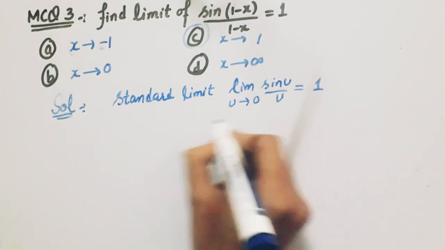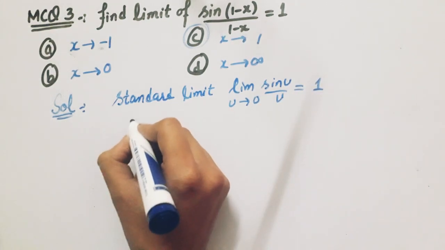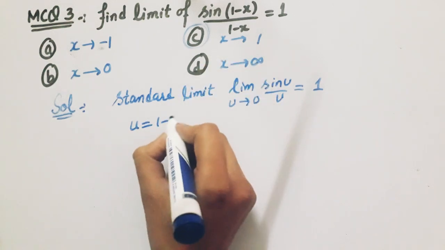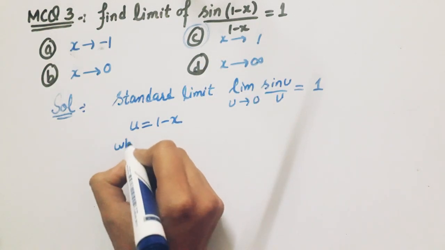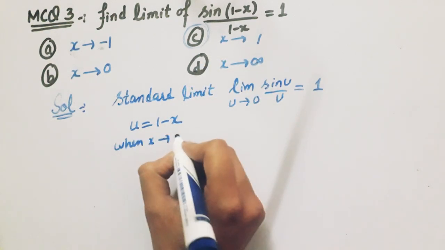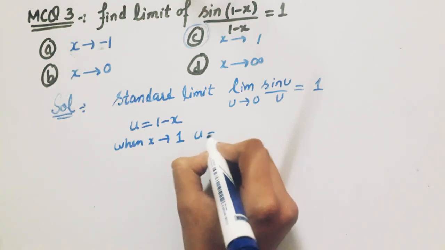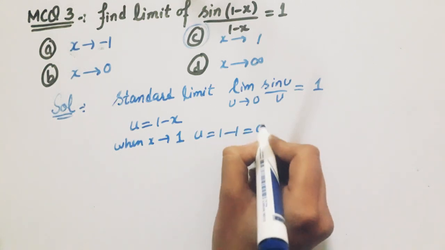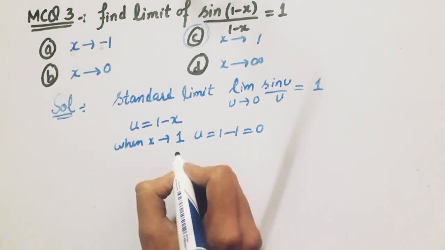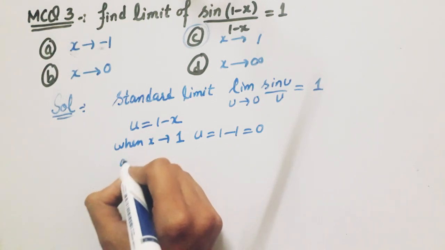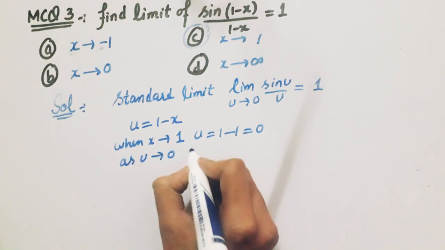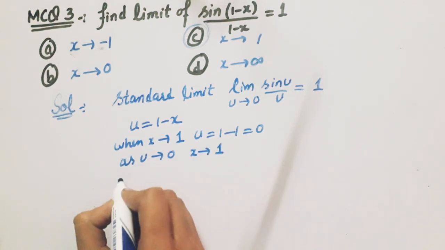So in this case we have u equal to 1 minus x. So when x approaches to 1, u will be equal to 1 minus 1 equal to 0. So as u approaches to 0, x approaches to 1.